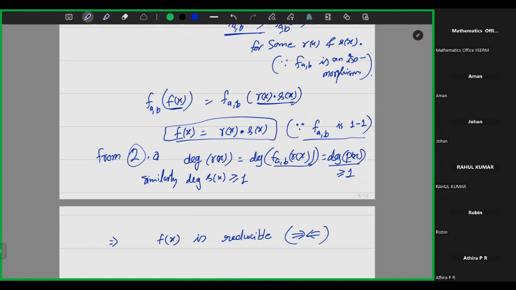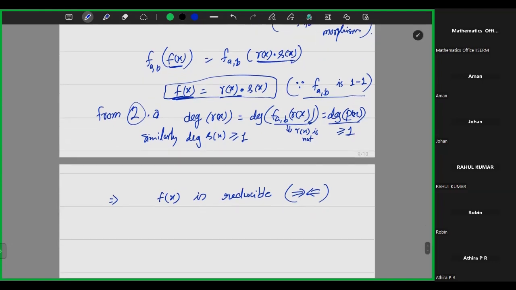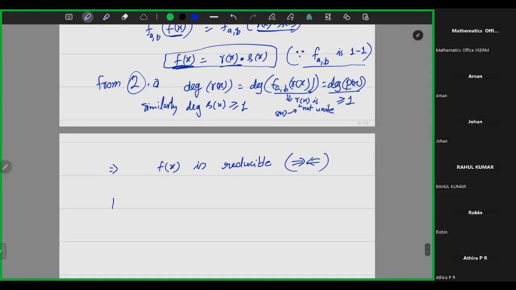Why? Because this is also factorizing Fx, and Fx is irreducible, so none of them is a unit. This implies Rx is not a unit. Any polynomial of degree bigger than or equal to 1 is not a unit. What are the units of a polynomial ring?